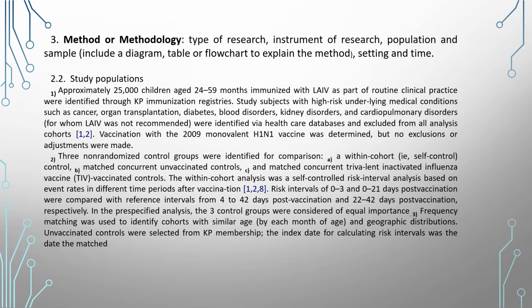In the pre-specified analysis, the 3 control groups were considered of equal importance. Frequency matching was used to identify cohorts with similar age, by each month of age, and geographic distributions. Unvaccinated controls were selected from KP membership. The index date for calculating risk intervals was the date of the match.